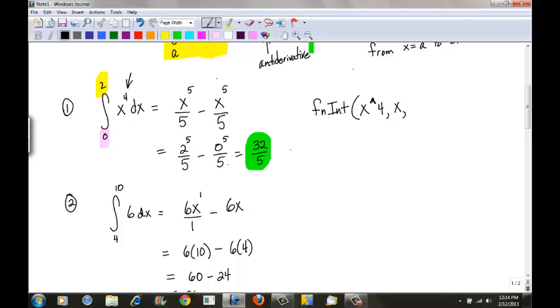We're using an x, and then you have to tell it from 0, you want to find the area from 0 to 2. Okay, and we're doing this in the immediate mode. Okay. And you end up with 6.4. Agree with that? That should agree with that fraction.